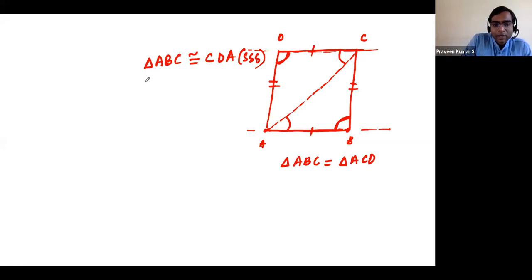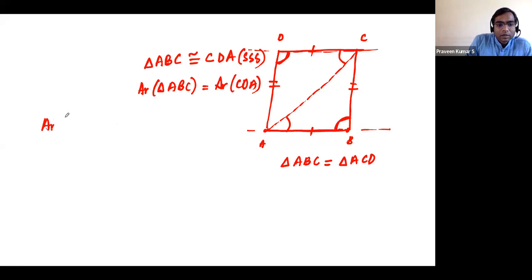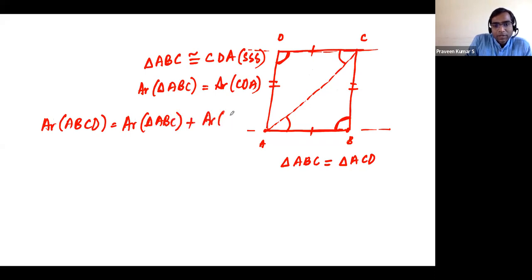So because these two triangles are congruent, I can say that the area of triangle ABC will be equal to the area of triangle CDA, which means the area of the quadrilateral ABCD would be equal to the area of triangle ABC plus the area of triangle CDA.